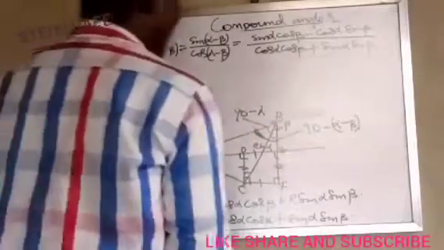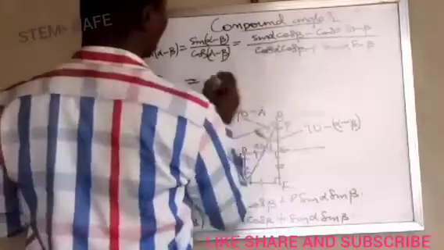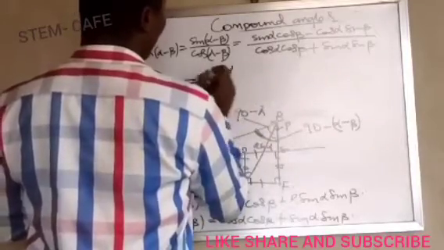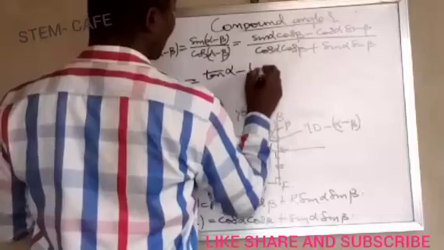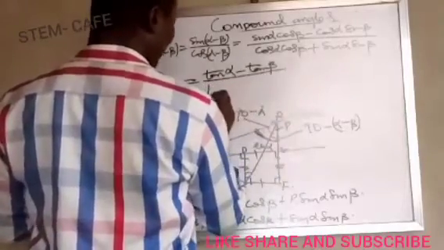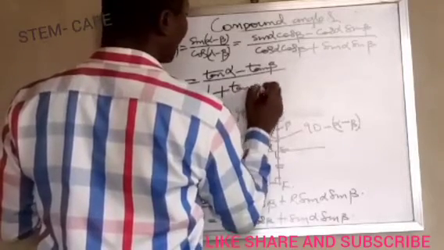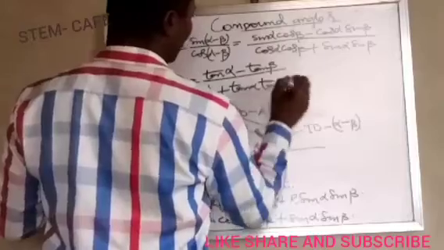Dividing denominator and numerator by cos alpha cos beta is going to give me tan alpha minus tan beta over 1 plus tan alpha tan beta.